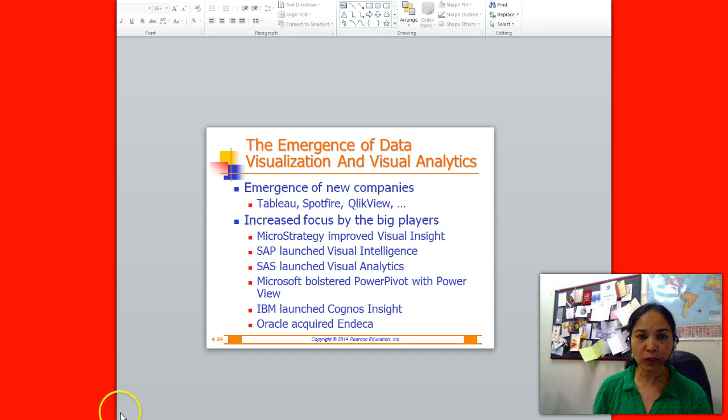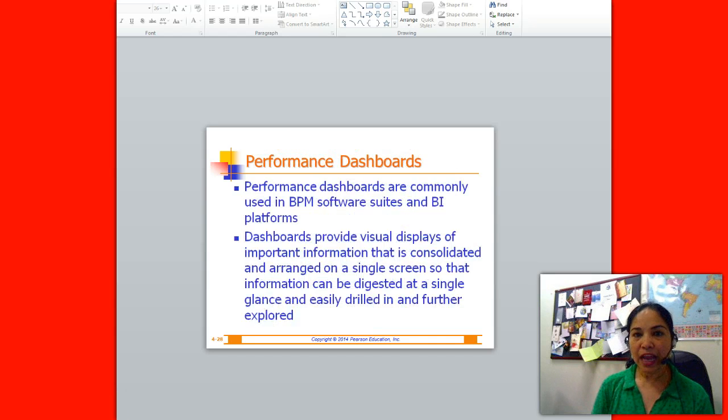So what are dashboards? Dashboards provide visual displays of important information that is consolidated and arranged on a single screen so that information can be digested at a single glance and easily drilled in and further explored.